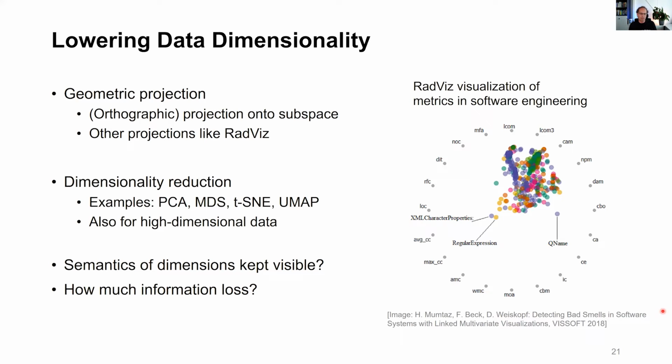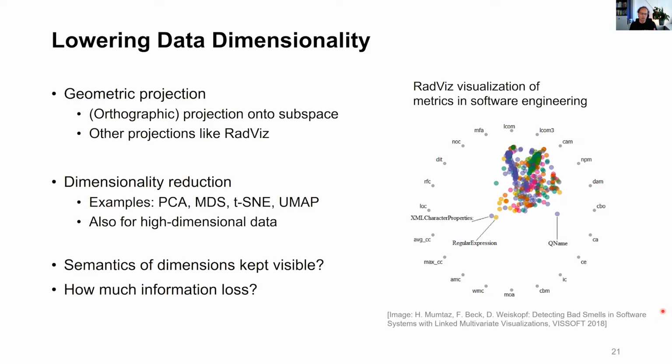Other techniques employ some kind of dimensionality reduction. It could be a linear or a nonlinear dimensionality reduction. Typical examples are PCA, MDS, t-SNE, UMAP, you name it. These techniques are in general data-driven, and they try to find a good representation of the multidimensional data points in the projected lower dimensional visualization space, where you try to embed the data.